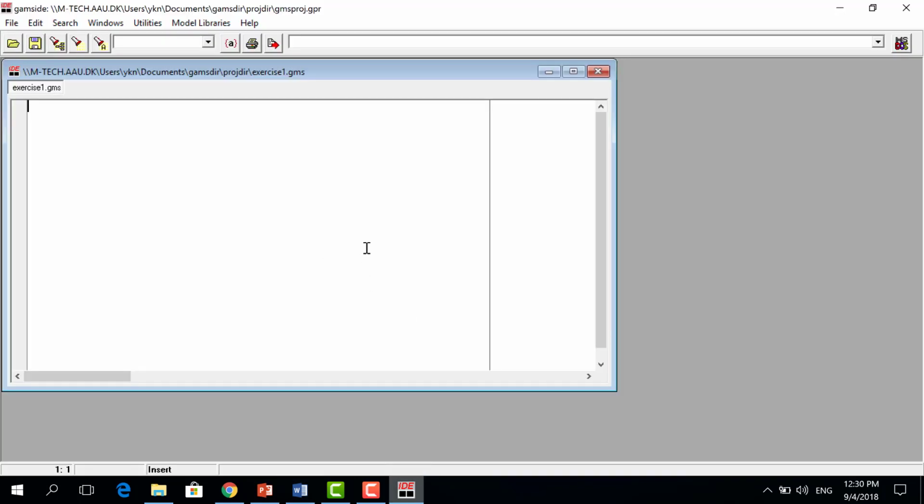Here we can start making sets, and we can put I for sources. A, comma B, comma C, comma D, and we have to close it like this.